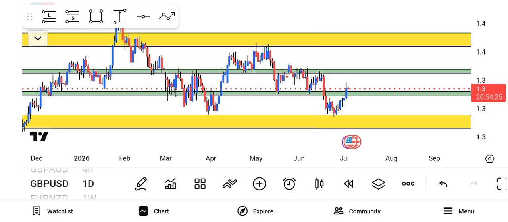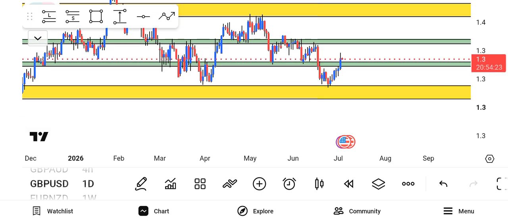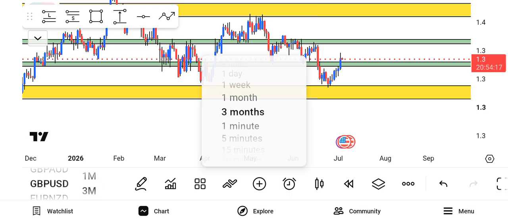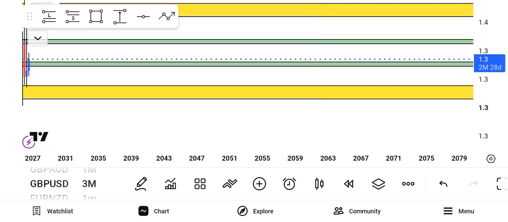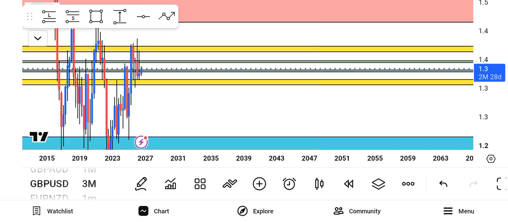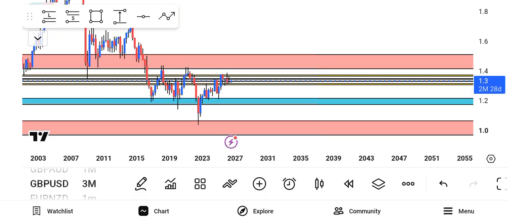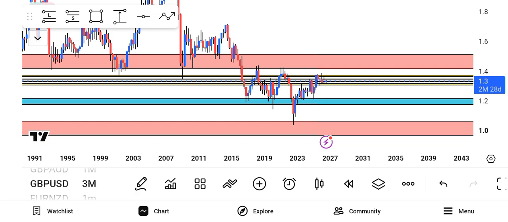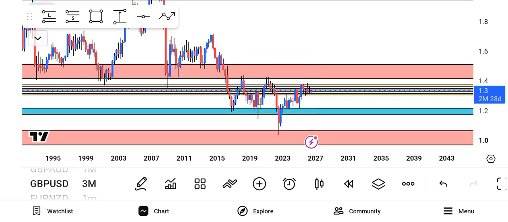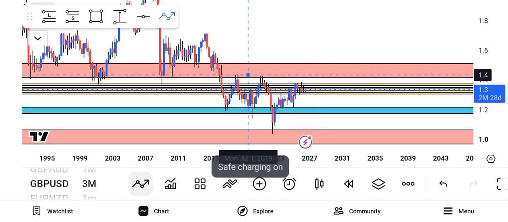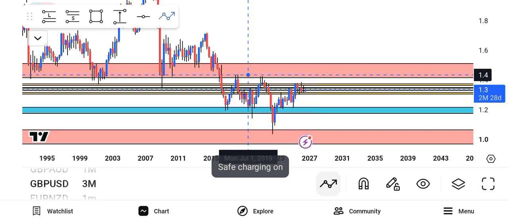Then all I need to do is just move to the daily time frame. Now, mind you, remember on the monthly, on the 3 months. Let me show you something. GBPUSD on the 3 months. Yeah, you notice that we're paying attention to trying to look for a buy.